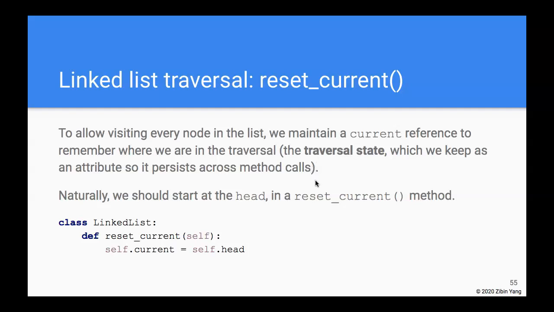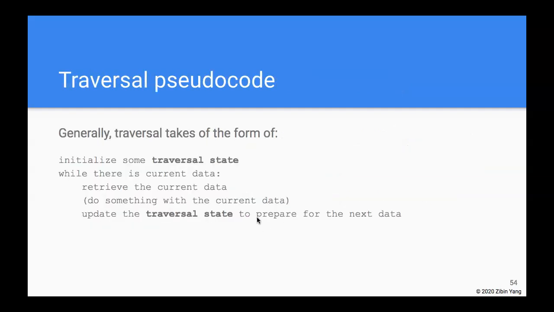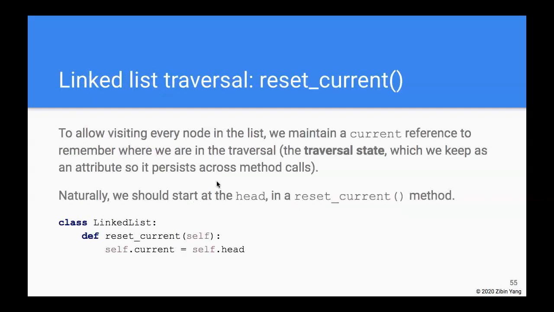The current node, as we said, should start at the head and then go to the node after the head and then after that. Now, because we are going to have to maintain this state across many different calls, we should also make it an attribute of the linked list so that it persists.